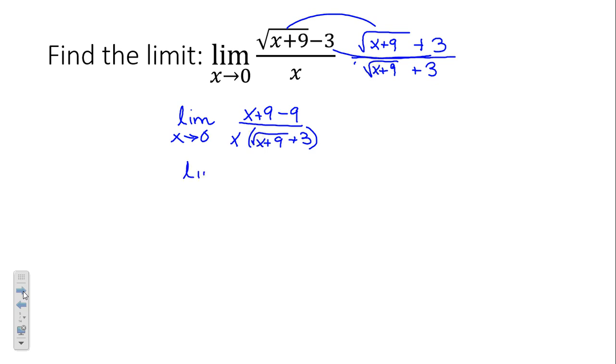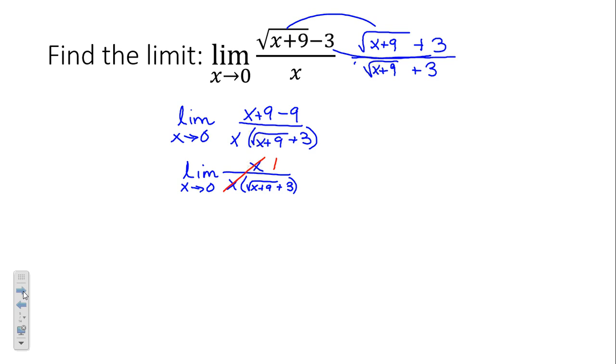So this is the same thing as the limit as x goes to 0 of x over x times the square root of x plus 9 plus 3 in parentheses. That's good, right? Because now we've eliminated our x's, and we just have a 1 up here. Can we evaluate the limit now?